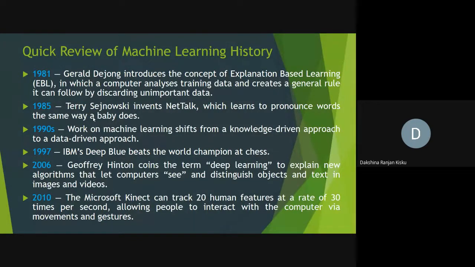In explanation-based learning, a computer analyzes training data and creates a general rule that it can follow by discarding unimportant data. In the year 1985, Terry Sejnowski invented NetTalk, which learns to pronounce words the same way a baby does. So this was the tool invented in 1985.